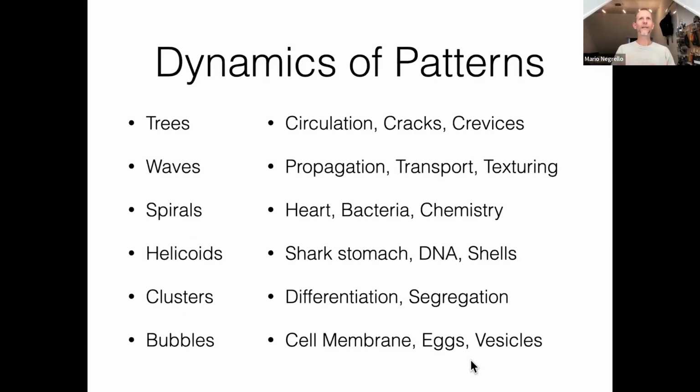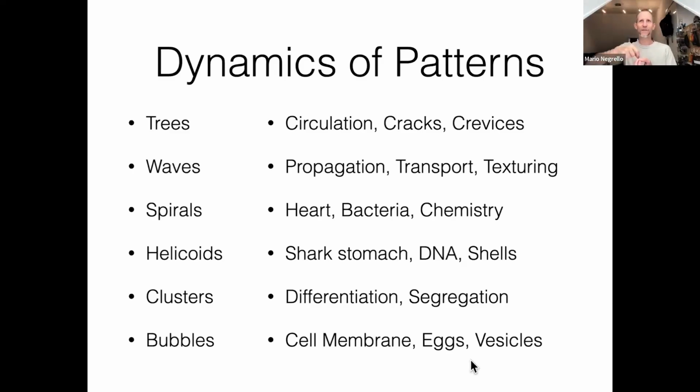To be a bit more concrete, the patterns that are created from the dynamics of complex systems are many, and they have functions. Let me talk a little bit about not the disembodied pattern formation, but the very tangible functions that certain patterns can perform. So if you see a tree, in the back of your mind you're thinking, something is taking something from the ground all the way to the leaves.